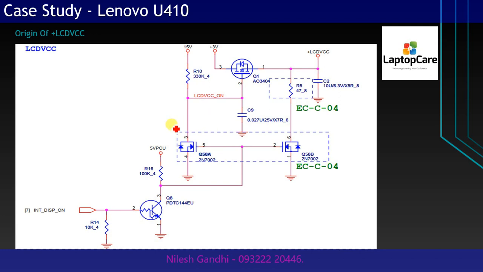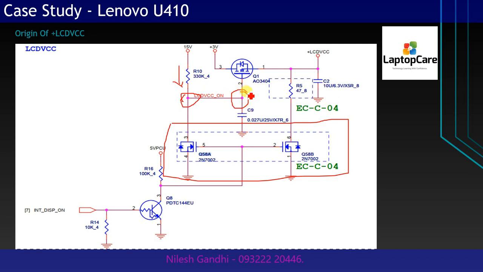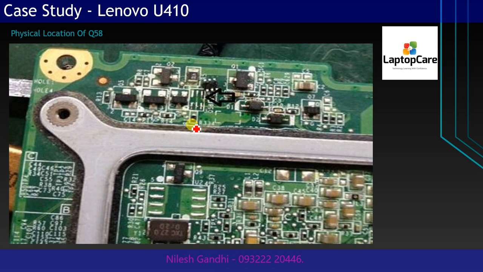So friends, I removed this complete Q58A MOSFET, and bingo, I got my required voltage after this resistance at the junction of R10, C9 and Q58A. So it's now confirmed this Q58A is the culprit.